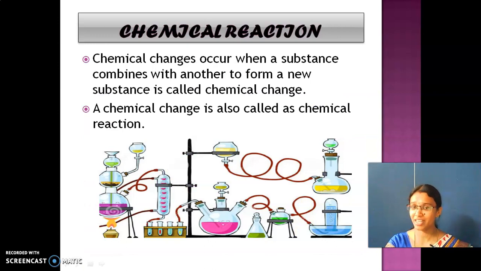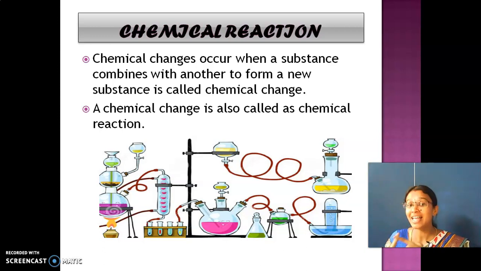Okay. So look at here, a chemical change is also called a chemical reaction. Chemical change occurs when one substance reacts with another substance to form a new substance.